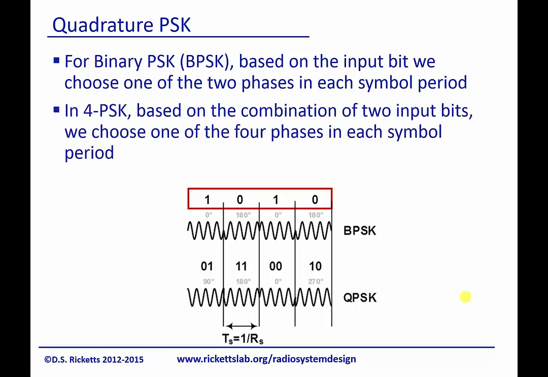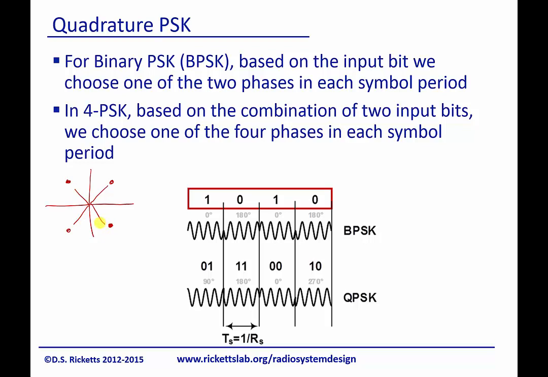4 PSK or quadrature PSK, and why do we say quadrature and 4 PSK? This is something that's important, so I'll draw it over here. In a 4 PSK, we could have one angle here, one angle here, one angle here, and one angle here. And you can see this is just 4 angles, right?